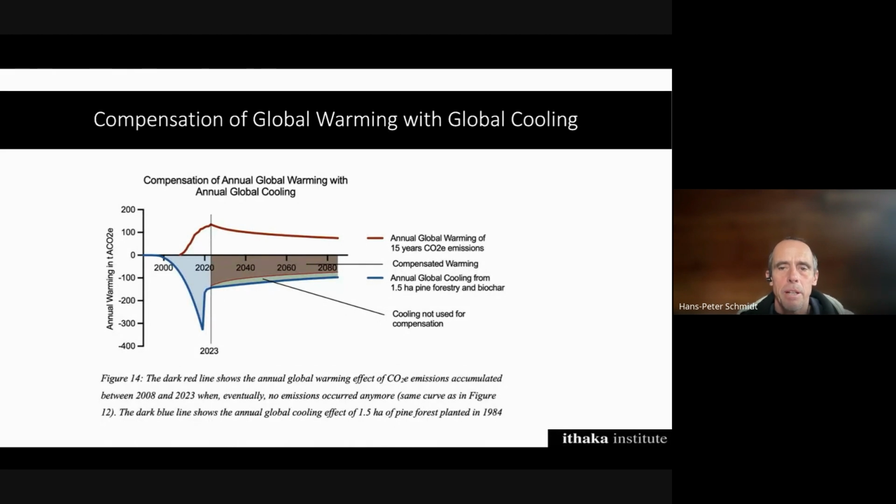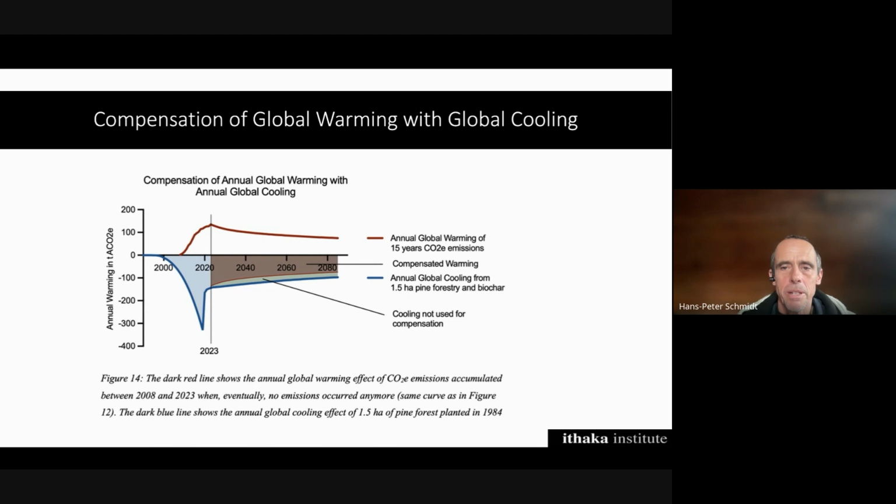And you compensate it with the plantation of a pine forestry, let's say 1.5 hectares of this pine forestry, and it grows for 35 years. And then, it's just an example, you cut it down to pyrolyze it, so you lose half of the carbon again.